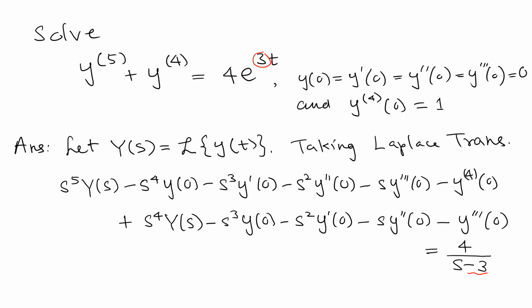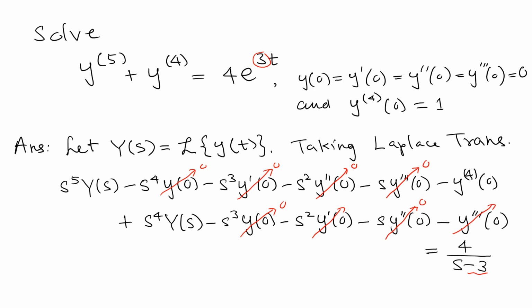Okay, now we use the initial conditions. All of y(0) and the first three derivatives are 0, so all of these terms are going to be 0. In the bottom you can see these are all 0 too, and this one also 0.